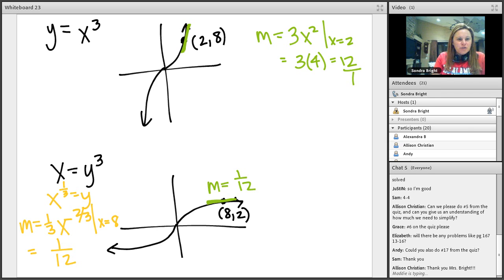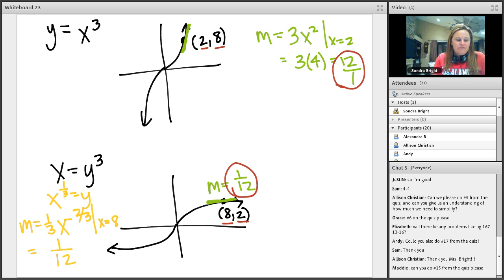Okay, so I'm showing you this because this is the whole point of finding the slopes on inverses, right? You have corresponding points, (2, 8) and (8, 2). The slope of this original guy is 12 over 1. The slope of this guy is the reciprocal. And if you look at the graphs, it makes sense, right? So, taking that information, let's look at number 6 on the quiz.